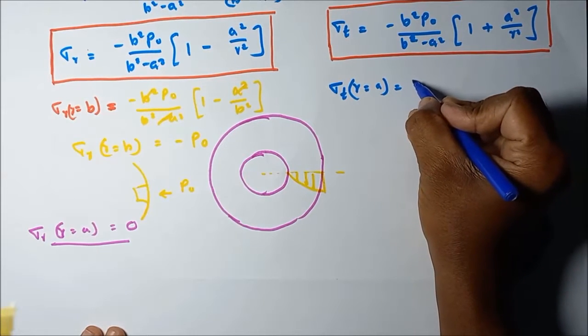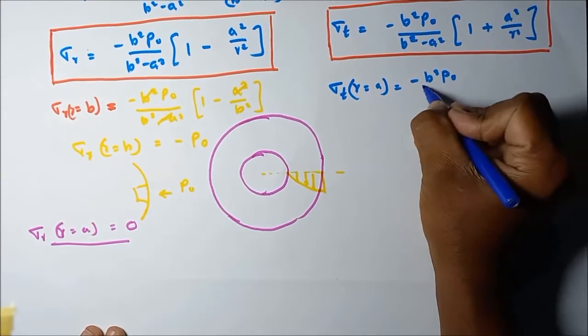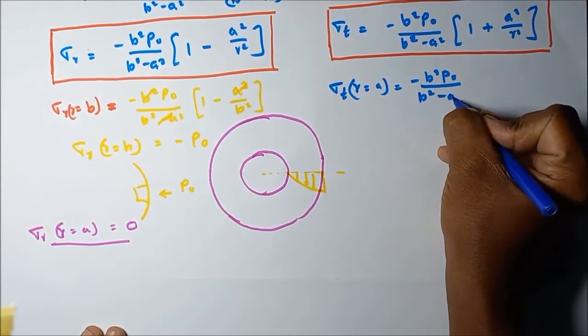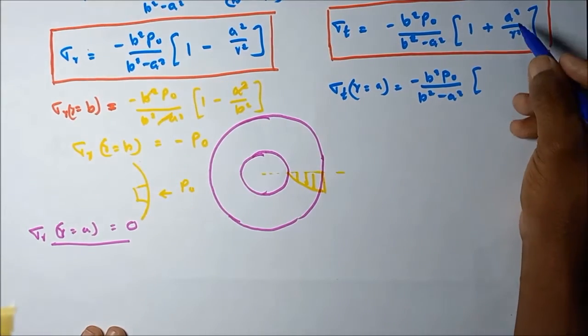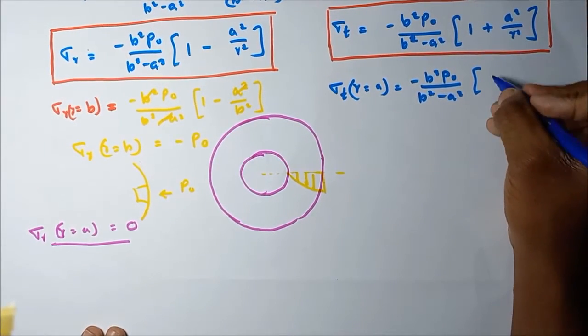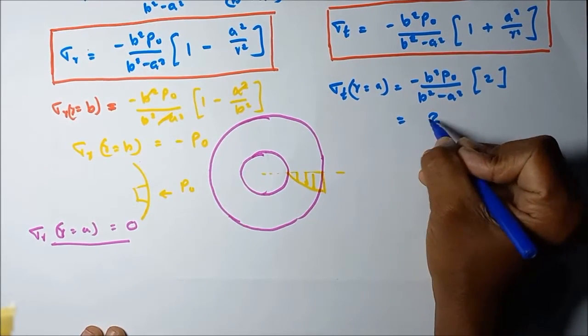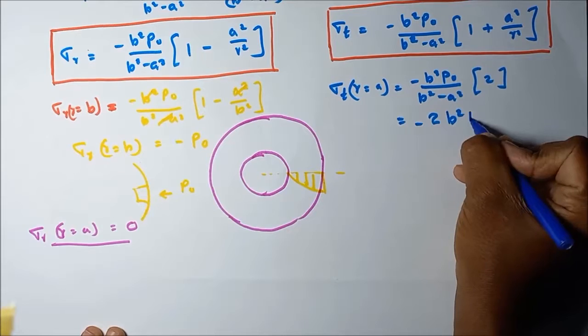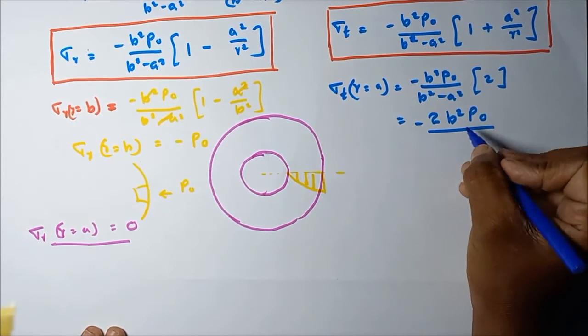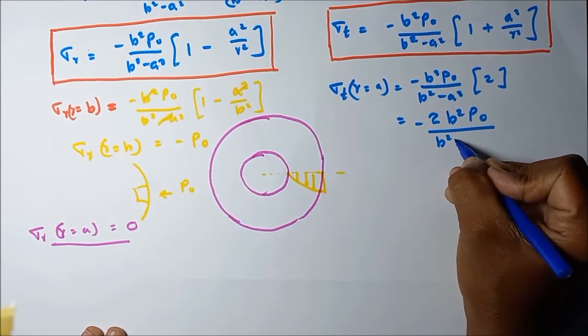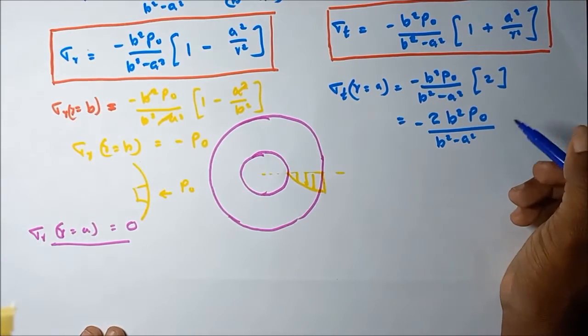That maximum value is equal to minus b square p o divided by b square minus a square. Here at r equal to a, this 1 plus 1 is 2. That is equal to twice minus b square p o divided by b square minus a square.